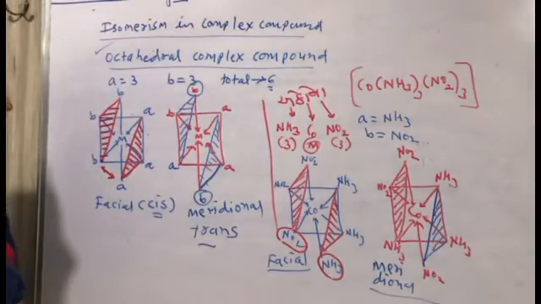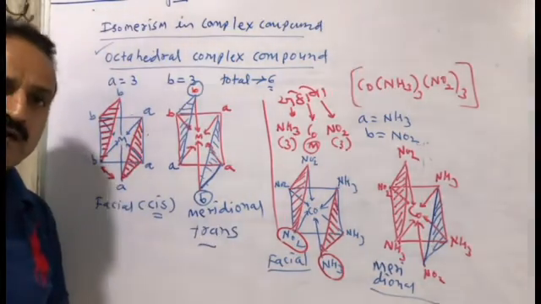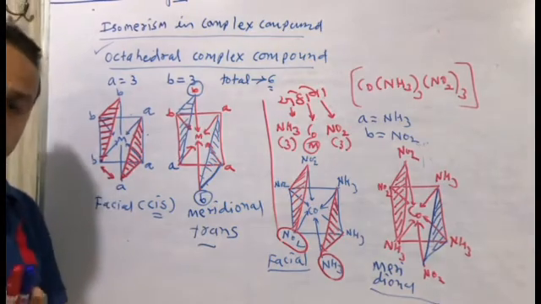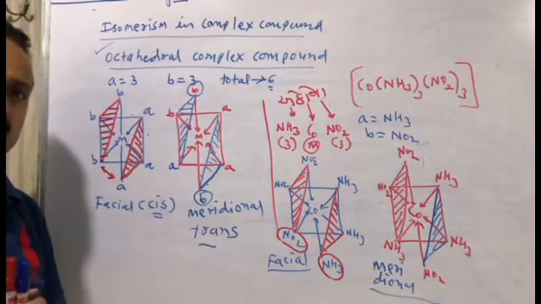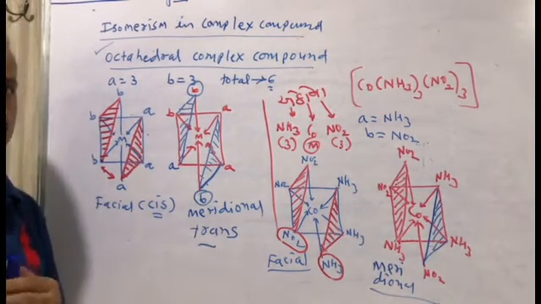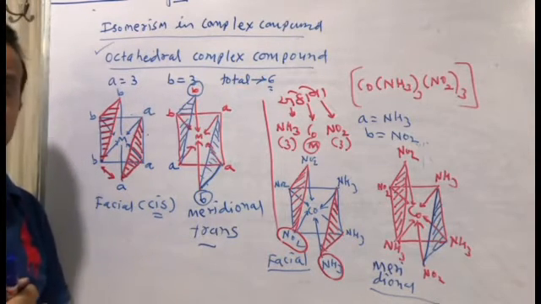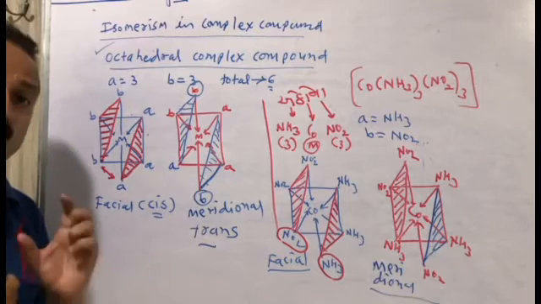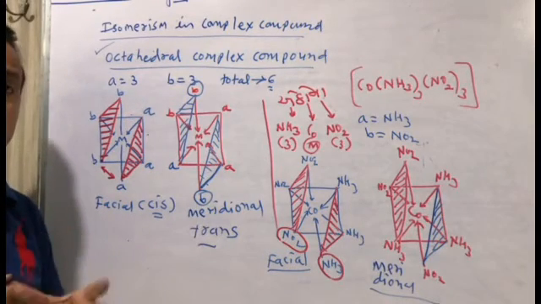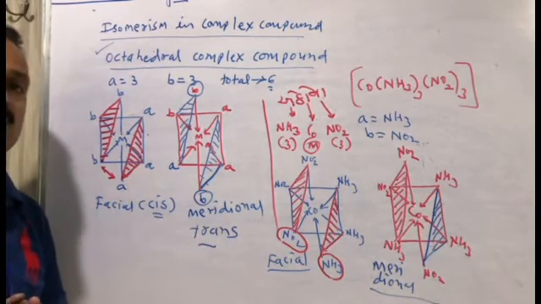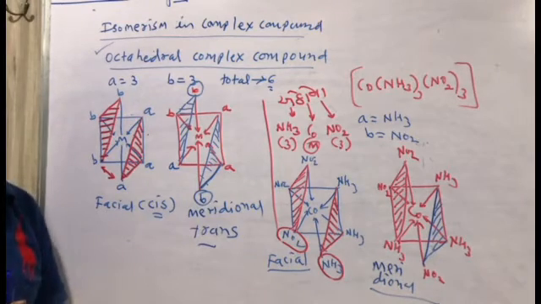This is seen only in octahedral complex compounds: if there are 3 A type ligands and 3 B type ligands, and all 3 are very close, then it is cis, it is facial, and if all 3 are not close but the same ligands are at opposite sides, then it is trans, said to be meridional.